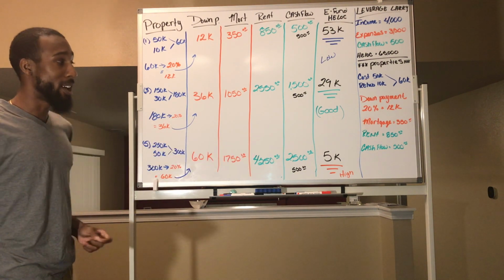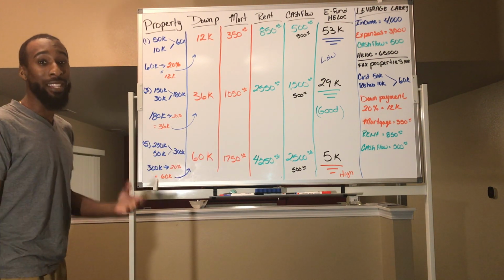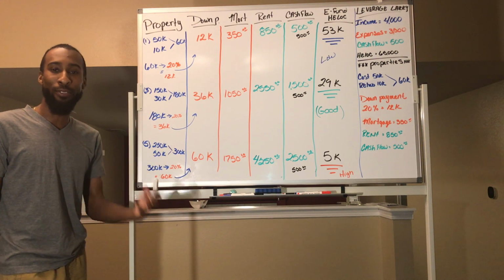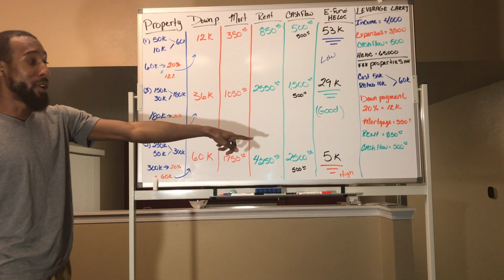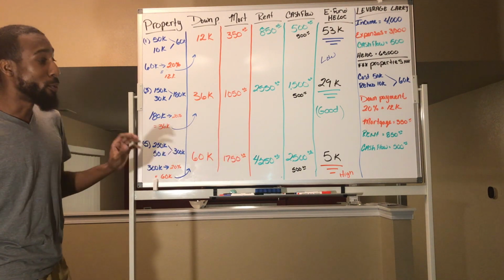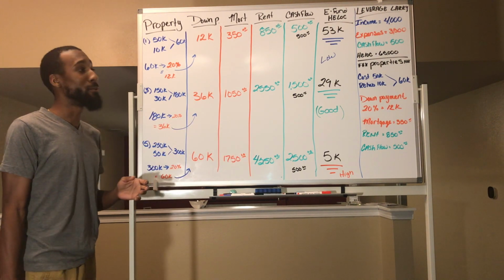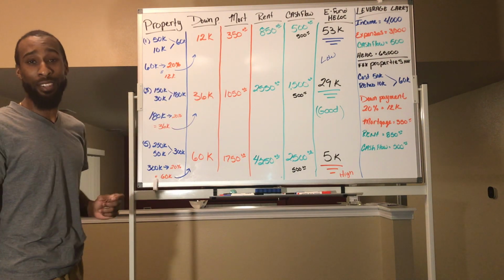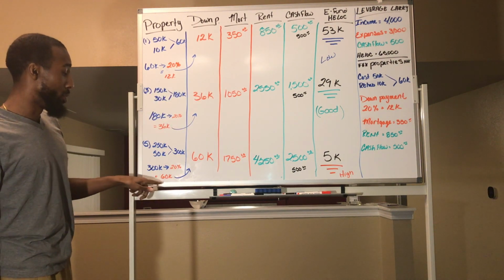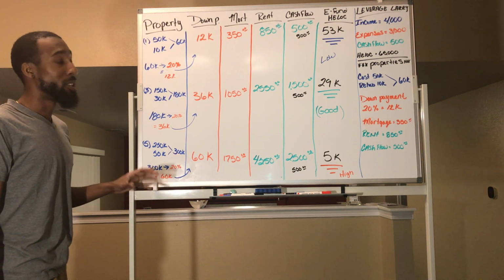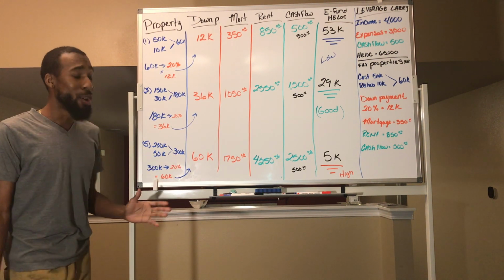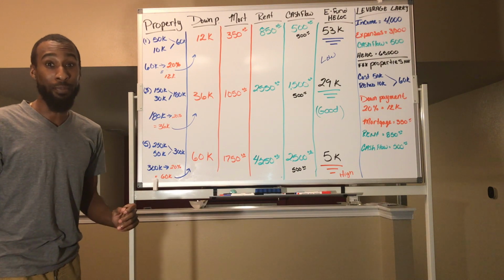Plus your $500 from the work, that's $3,000 of cash flow. Now here's the thing. How much do we have for an emergency fund from our HELOC? We only have $5,000 because we use $60,000 to do the 20% down payment on the $300,000. So just in case something goes wrong, we only got $5,000 to play with.